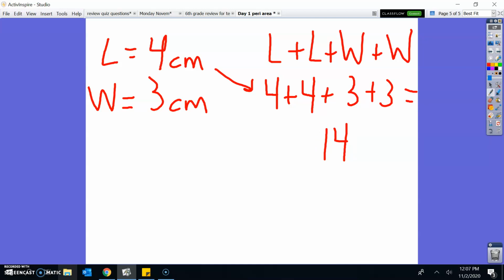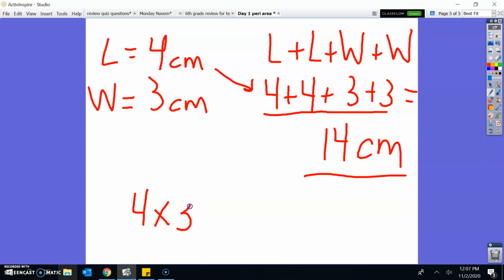My label is simply centimeters, and I would write that in the box where it says perimeter, and make sure you include all of these numbers as well. And then to solve my area, all I do is simply multiply my length times width, 4 times 3, which equals 12 centimeters, and then my squared unit of measurement. And that's what I would write for number 2.